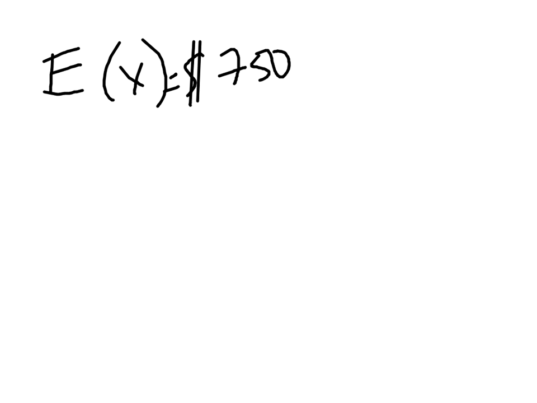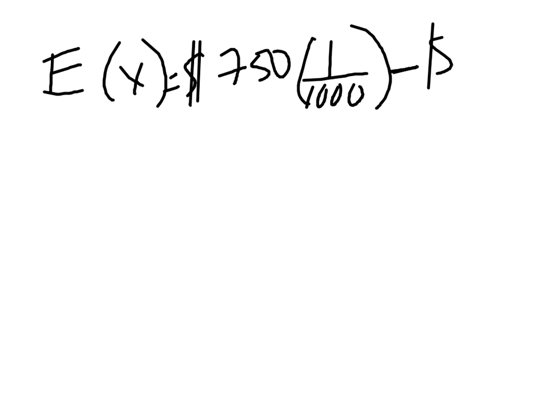Okay, well, let's take a look at the other method they give us to do this, and this is directly at the bottom. This does it a little bit differently. It takes the, and I'll use the dollar sign here, it takes the $750 that you would win times its probability, and then it subtracts the $1 that you spent.